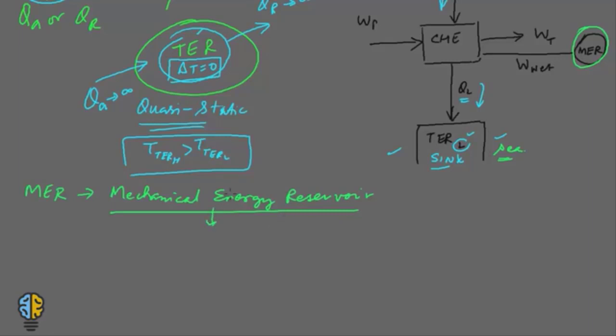So this is a body. Let us define it in writing. It's a body which is enclosed by an adiabatic impermeable wall, capable of storing potential energy and kinetic energy. Adiabatic means no heat transfer to and from the system.